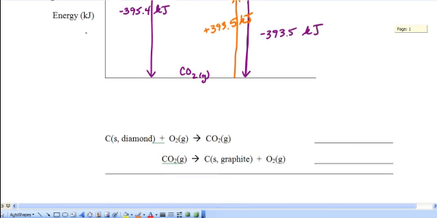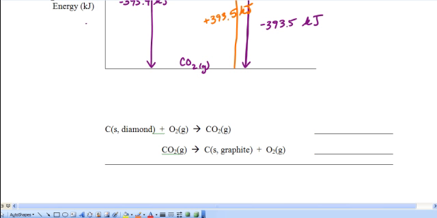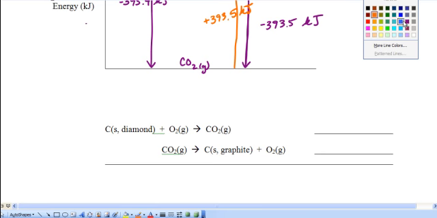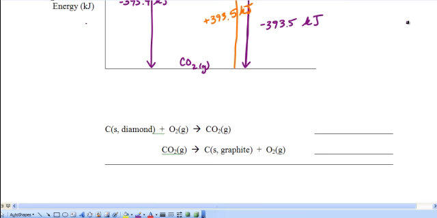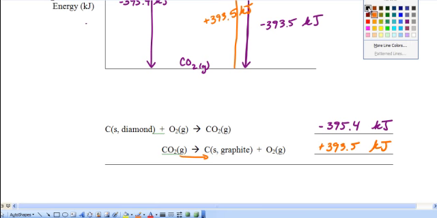And so if we write the equations out, the diamond going in the forward reaction but the graphite going in the reverse reaction, we can write out their delta H's. This is a negative 395.4 kilojoules. This one going in this direction, the reverse of the original, will be a positive 393.5 kilojoules.